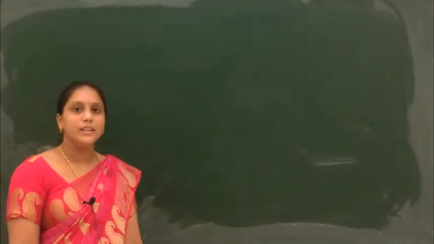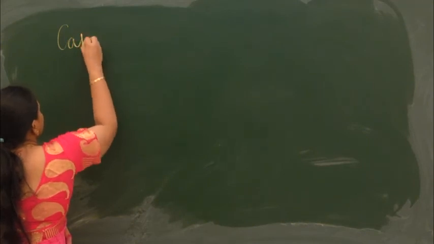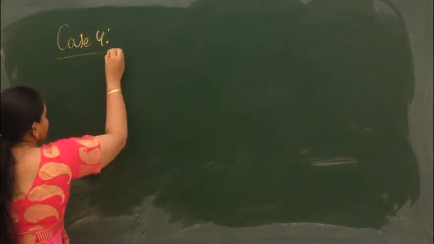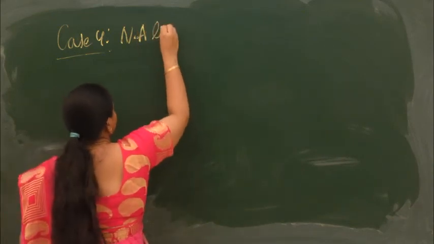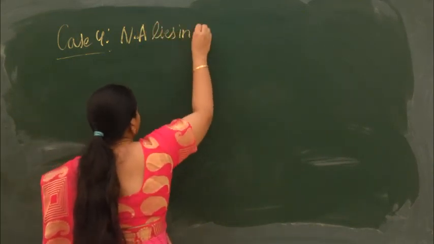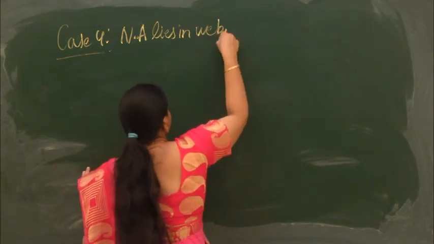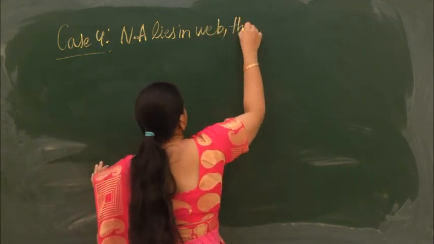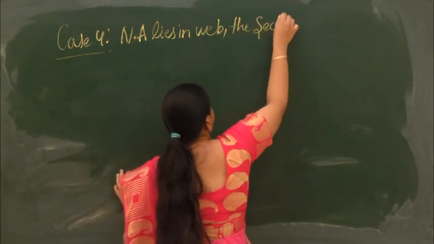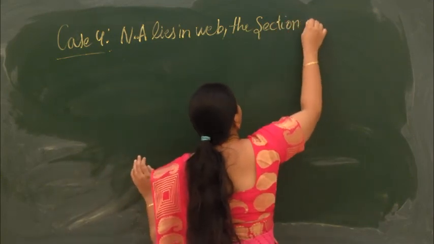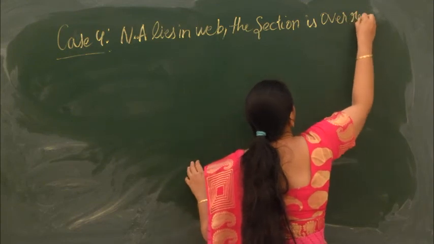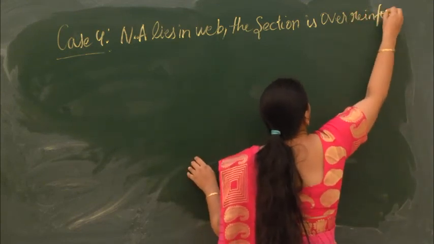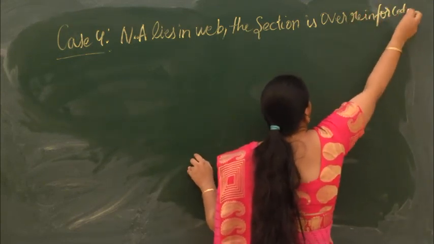Now let us see the case 4. So what is the case 4? The case 4 is when the neutral axis lies in web and the section is over reinforced.